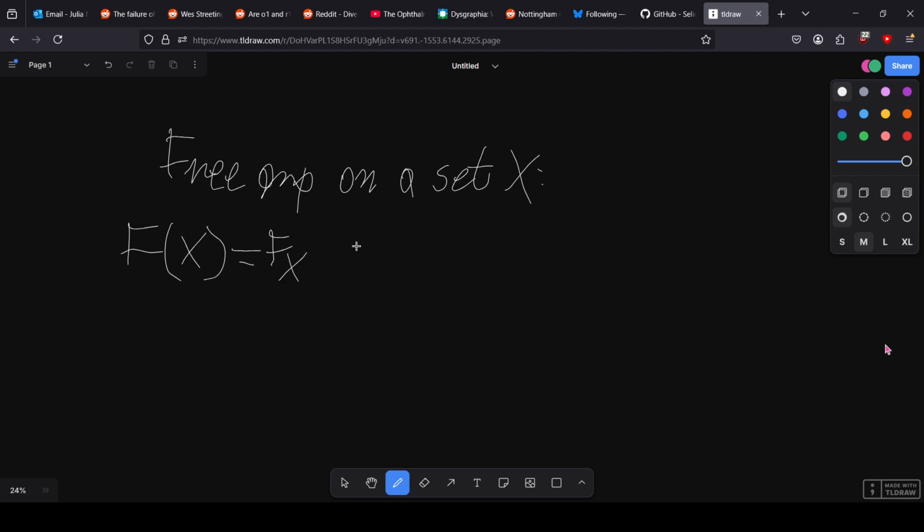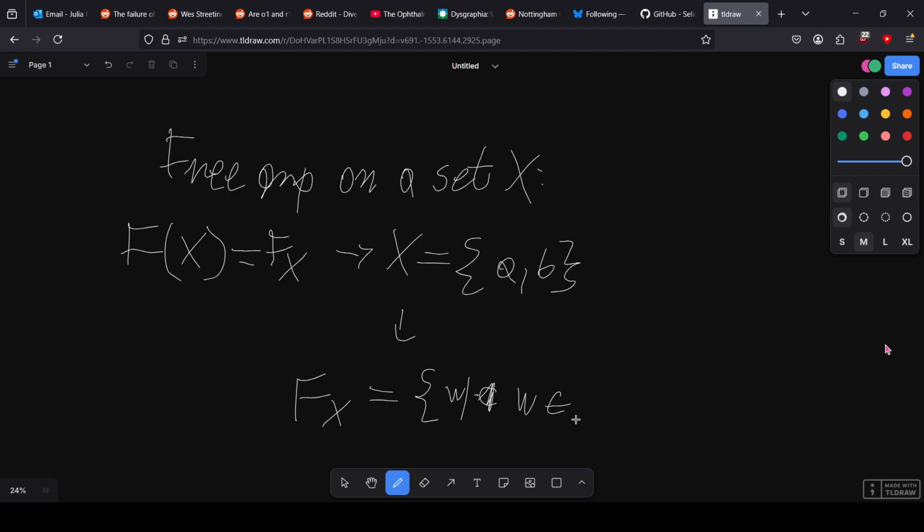So for example, if X is the set {a, b}, the free group F_X consists of all words on the alphabet X, where by alphabet I mean that we are treating X as a set of symbols that we will be creating the words out of.